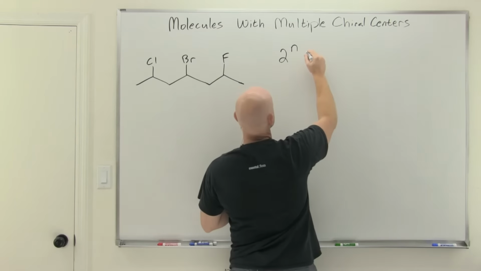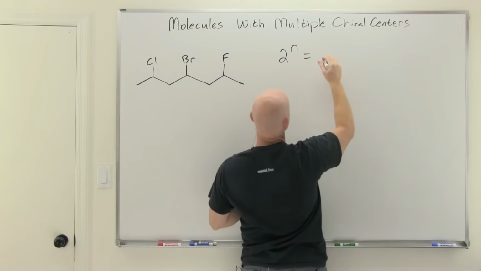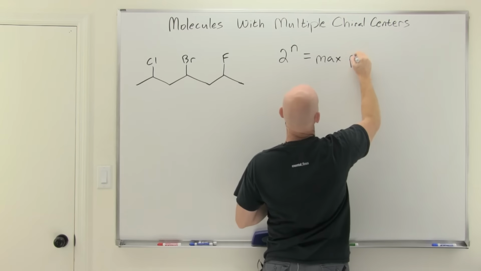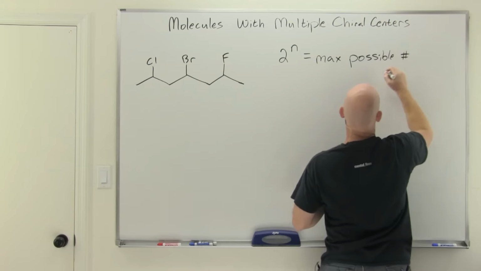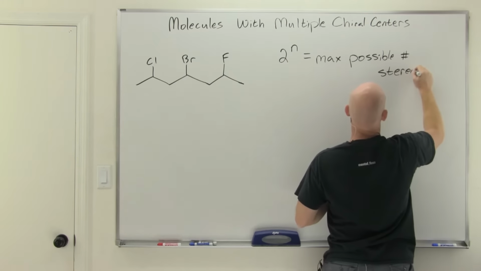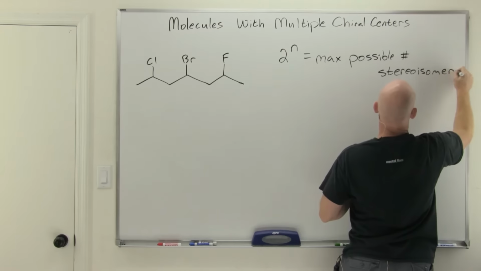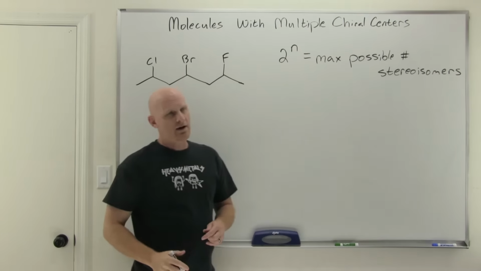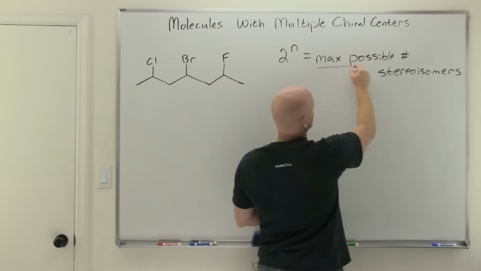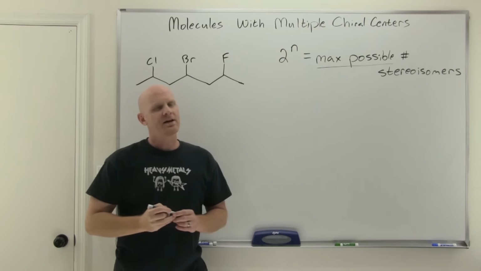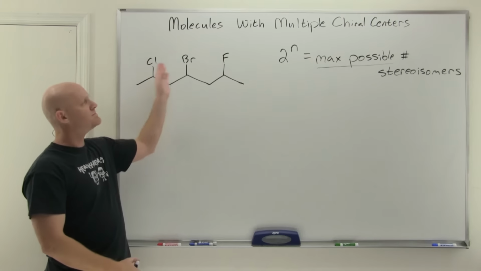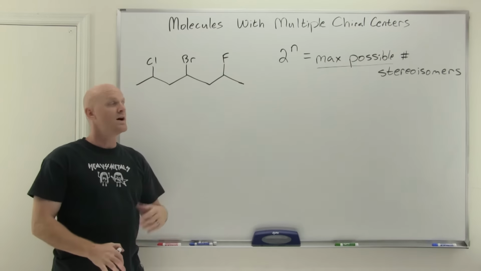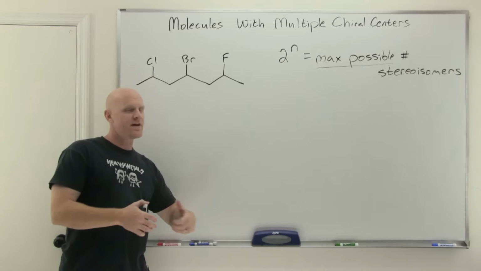The way we phrase this is that 2 to the n, where n is the number of chiral centers, equals the maximum possible number of stereoisomers. It's interesting that we say the maximum possible number, and we'll find out that you're not always going to hit that maximum. In certain cases, when you're dealing with molecules that are fairly symmetrical, you might actually end up with less than that maximum.